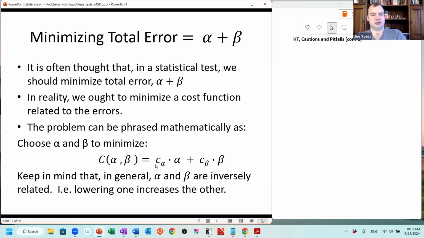Could we minimize something like the cost of a type 1 error times alpha, the type 1 error rate, plus the cost of a type 2 error times the type 2 error rate, beta? Could we choose an alpha and beta to minimize this function relative to these two costs? And of course, alpha and beta are inversely related. So as one goes down, the other goes up. And they're not necessarily linearly related. They're non-linearly related.